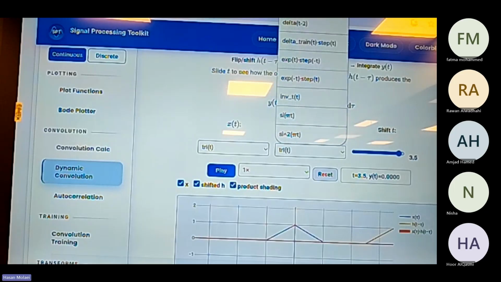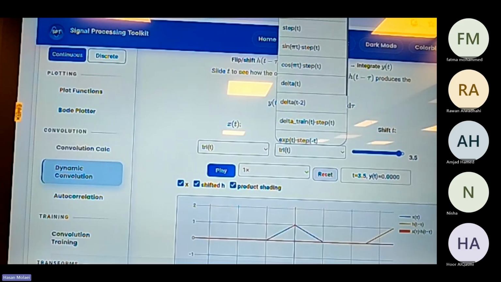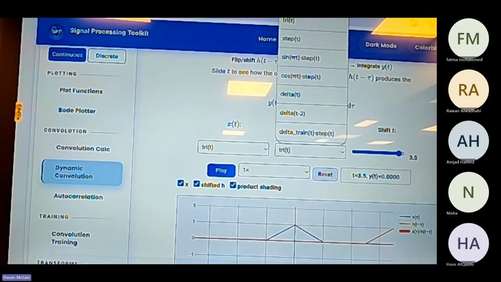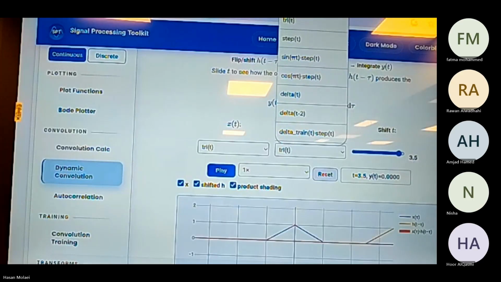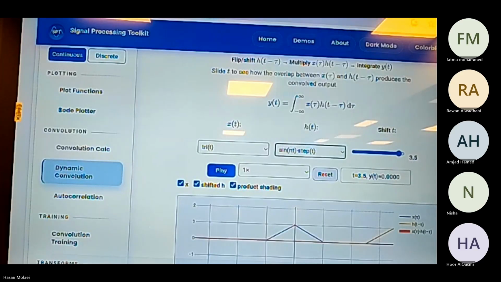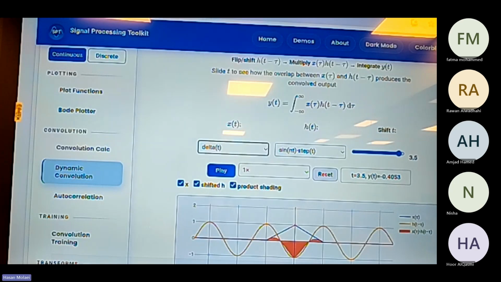So you can take it to find any or 5 here. How about, let's try one. At first, delta.